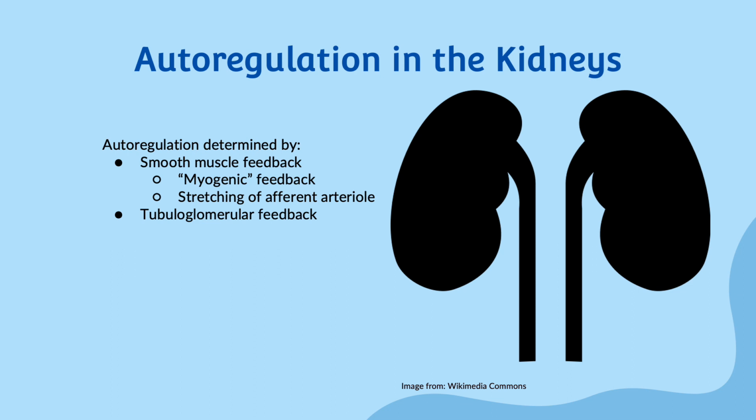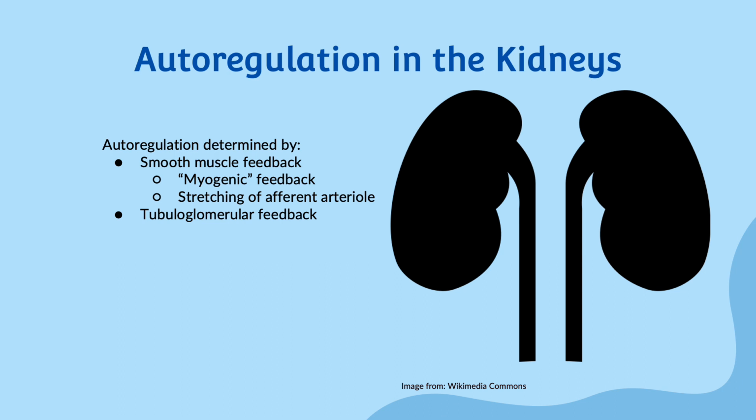The other mechanism in the kidneys, the tubuloglomerular feedback mechanism, is feedback that occurs secondary to information at a structure known as the juxtaglomerular apparatus, also known as the JGA. Inside the JGA, there's a specialized group of cells called the macula densa that exist where the renal tubule contacts both the afferent and efferent arterioles.